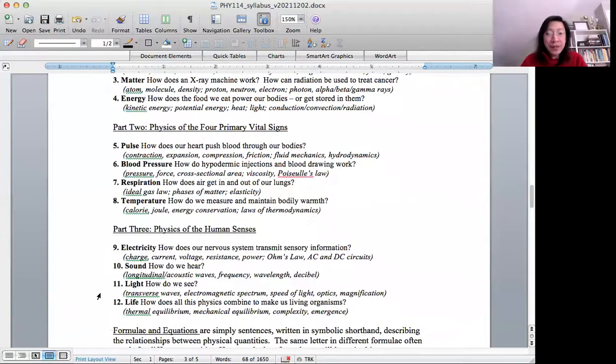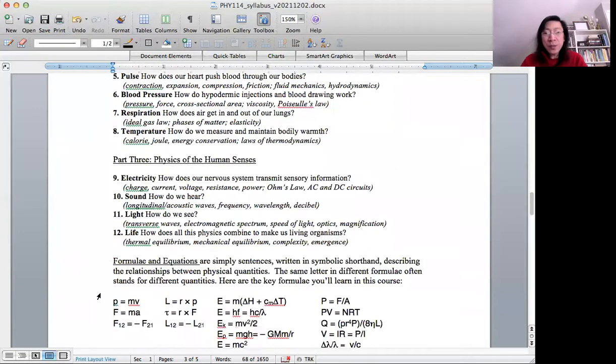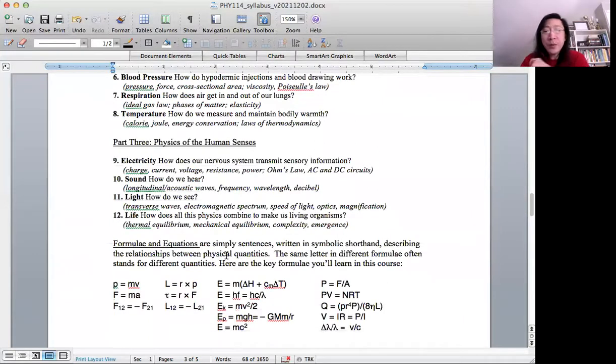Okay. Finally, formulas and equations. This is important. Every physics class has a set of these equations. That's okay. What are equations? They're just things written in the language of math. Math is actually not that hard of a language to become very good at.